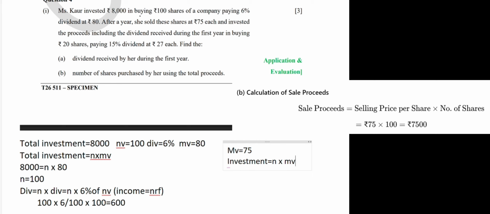So investment equal to N, which is 100, into MB, which is 75. So this is 7500.